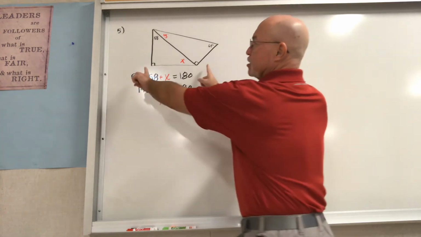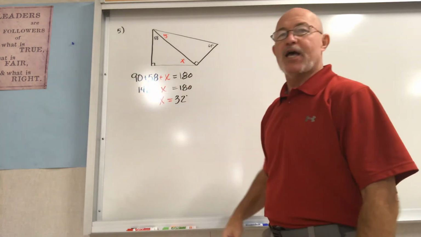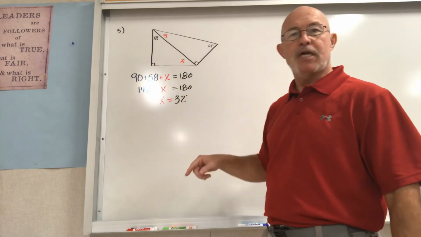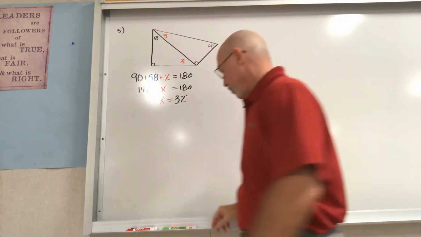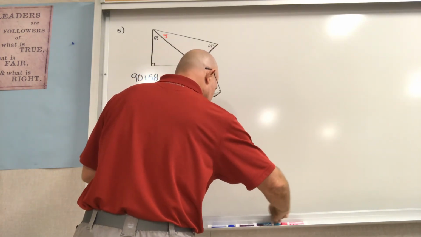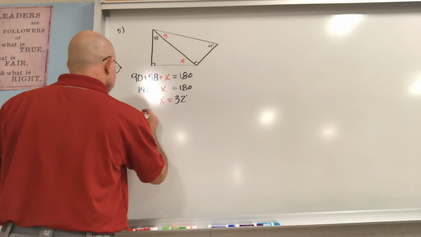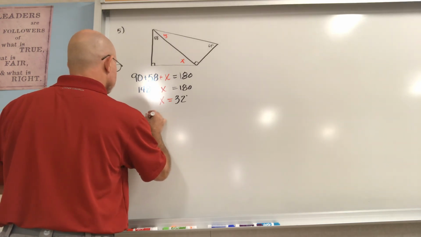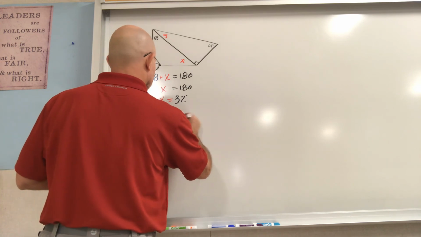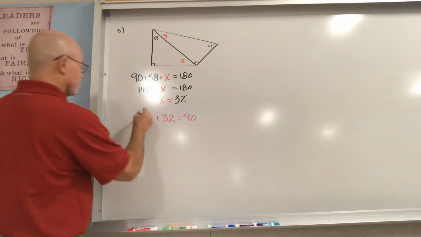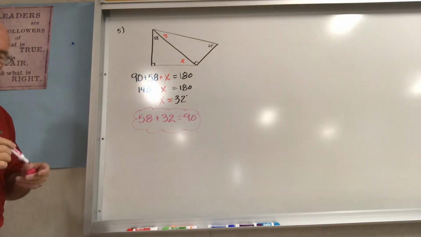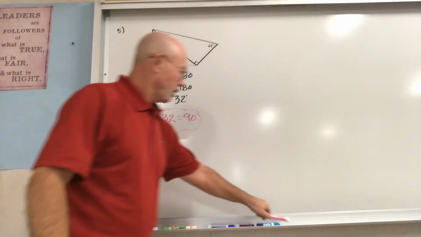So if I looked at this and I subtracted 90 off of both sides, I would have 58 plus x equals 90. It works that way. Watch. So if you want to figure it out that way, we can.